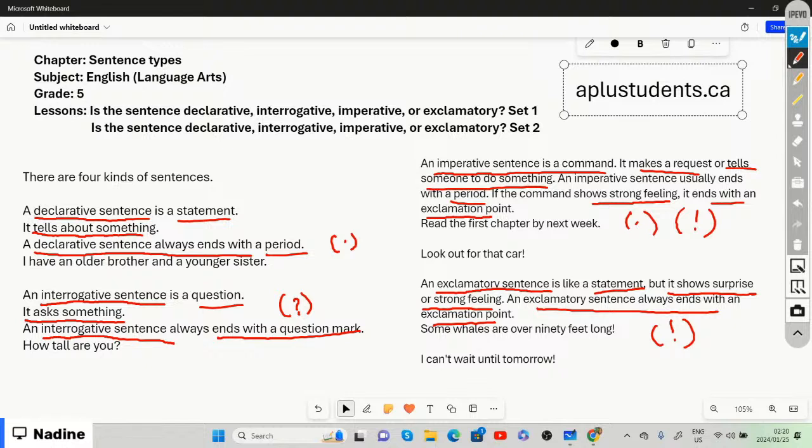Another exclamatory sentence is, I can't wait until tomorrow. So I can't wait until tomorrow.